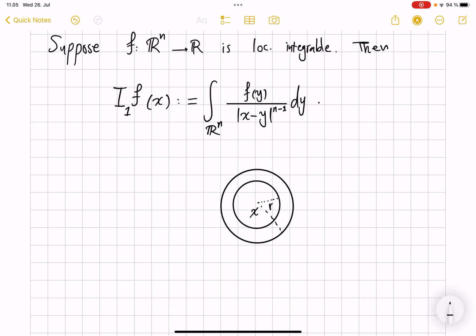So this is really convolution against the so-called Riesz kernel, |x minus y| to the power n minus 1 in the denominator. This blows up to infinity if y approaches x. So this operator intuitively will emphasize singularities around x.